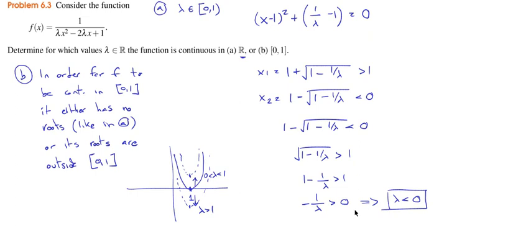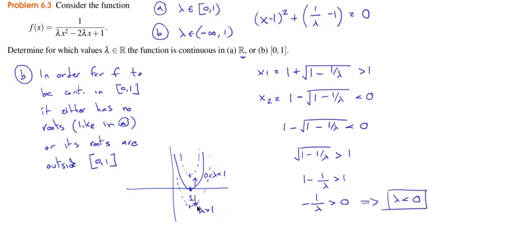So in order for f to be continuous in 0, 1, we need it to have no roots, so that lambda is between 0 and 1, or that its roots are outside 0 and 1. So that means that for b, lambda has to be in the union of these two sets: roots outside 0, 1 or no roots.